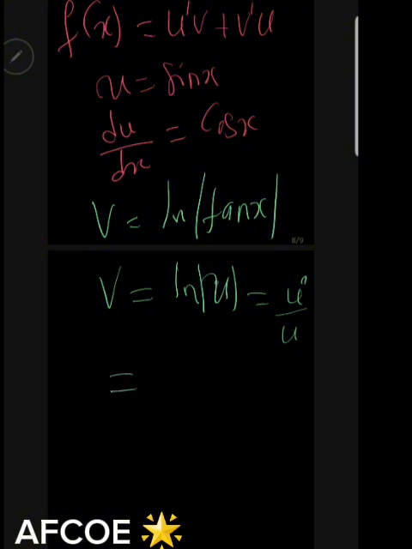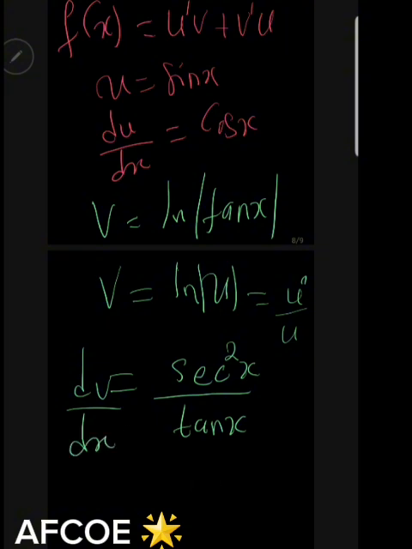So we have u as tan x, and the derivative of tan x is sec squared x, dividing by tan x. So this is our dv/dx, which is v prime, and the other one is u prime. We now go ahead and apply our formula gently.